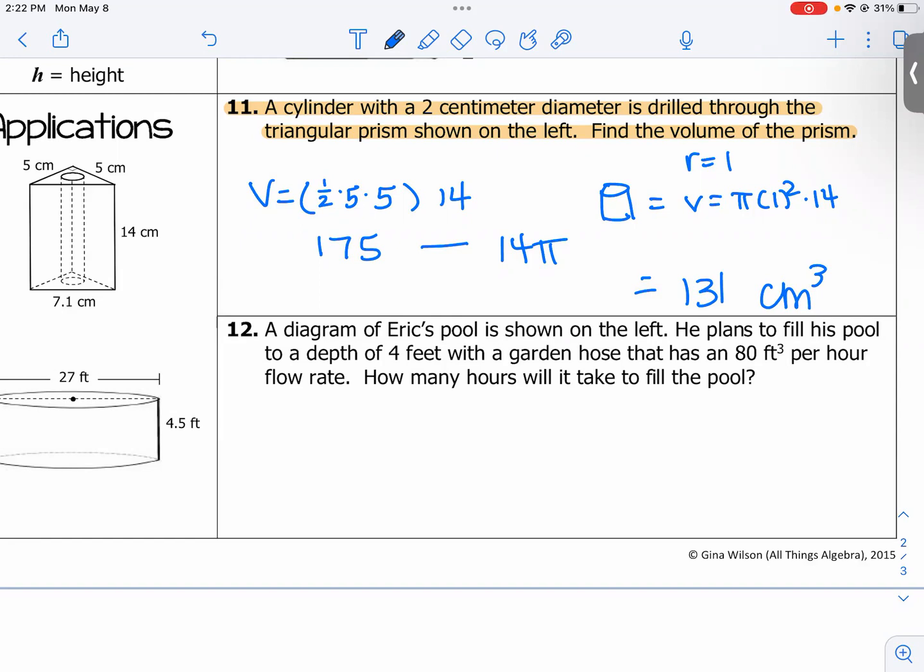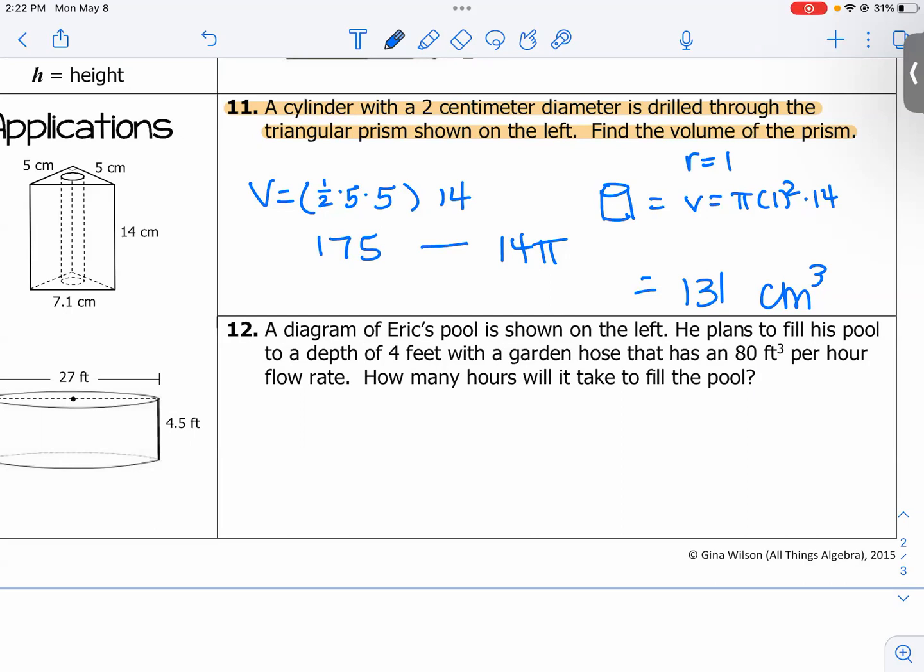Okay. Your homework is page 28 and 29. I'll have you do 1 through 11. Wouldn't it be minus 14 pi r squared?